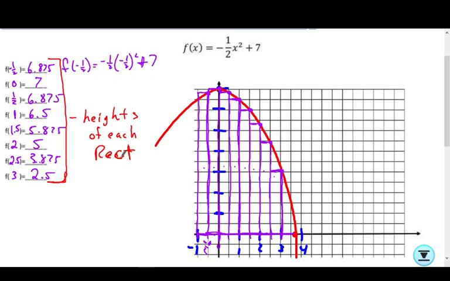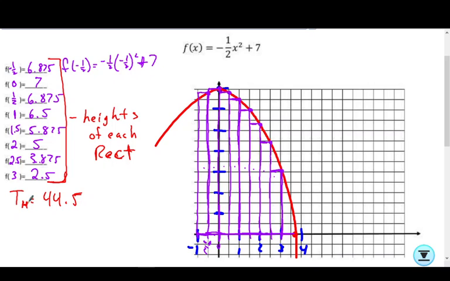So basically what we have to do now is add up all of those heights. When you add up all of the heights, you get your total height, which is 44.5.